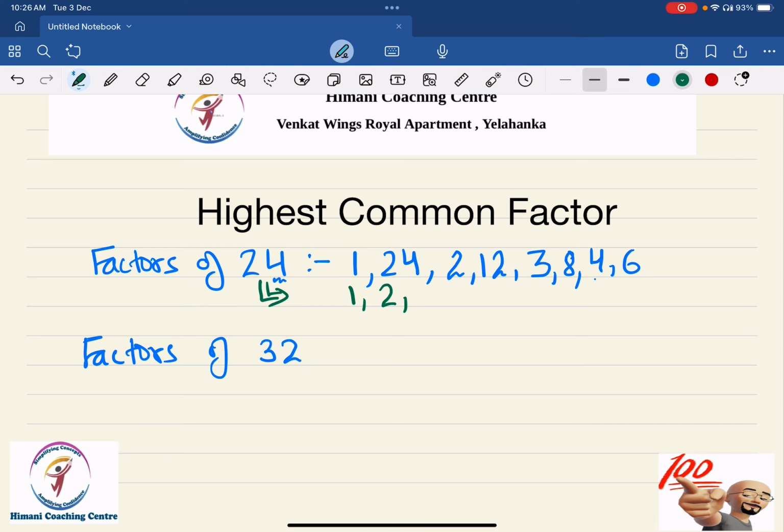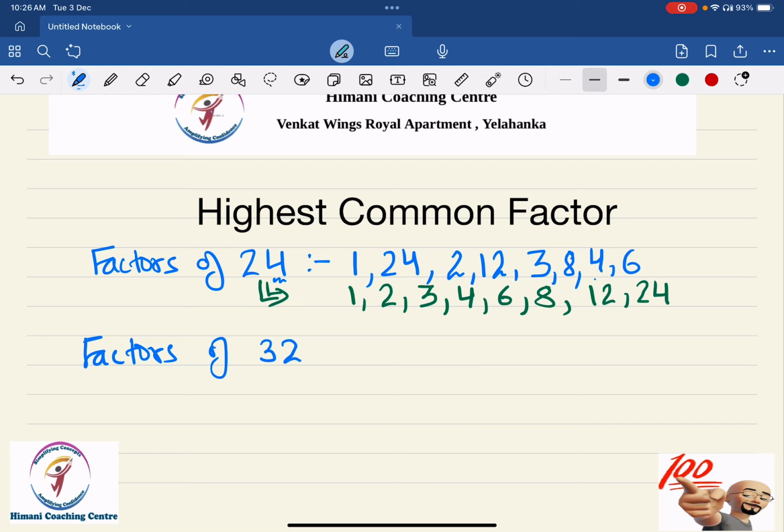Ascending order means starting from the lowest number and we increase as we move towards right. So 1, 2, 3, 4, and after 4 should come 6, then 8, then 12, then 24. These are the factors of 24 written in ascending order.